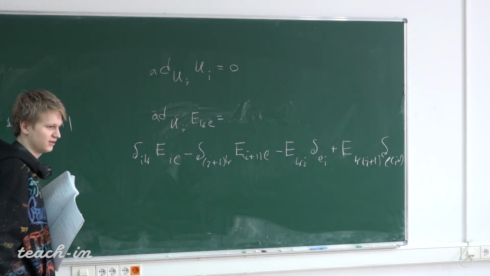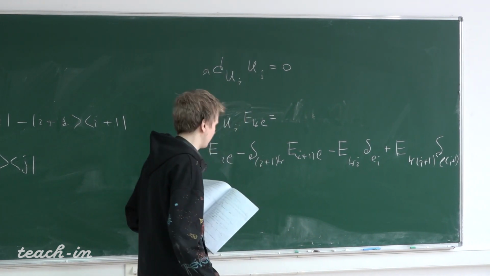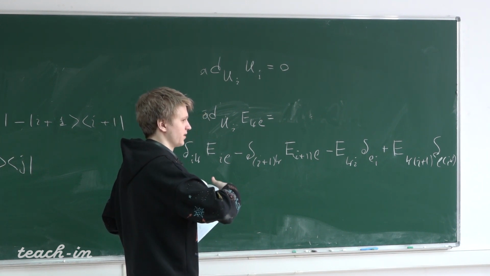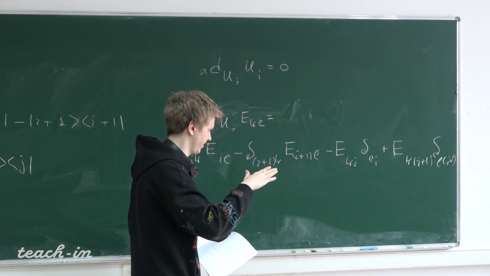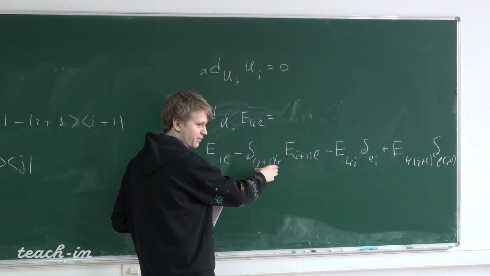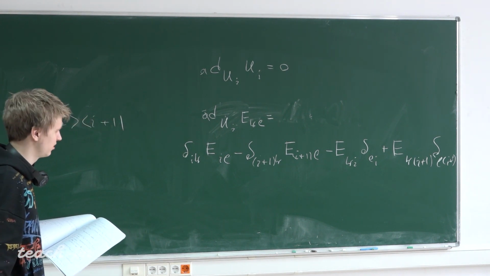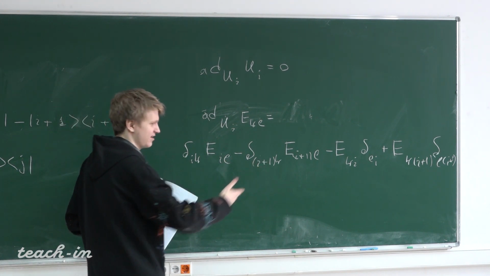Because this expression is so complicated, we separate our problem into a list of special cases. It's hard to see what exactly it means, because there are so many indices here.